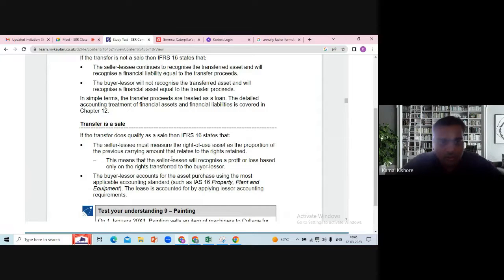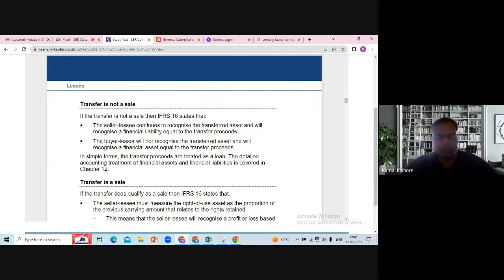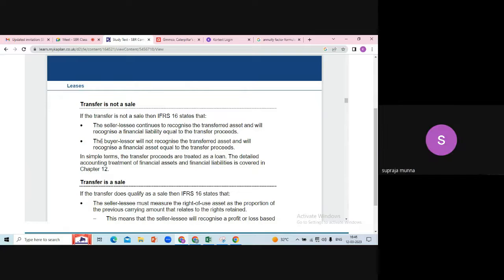Now read this. Transfer is not a sale. Who is the seller? I sold the asset and I took it back. So I am a lessee. Seller, lessee.